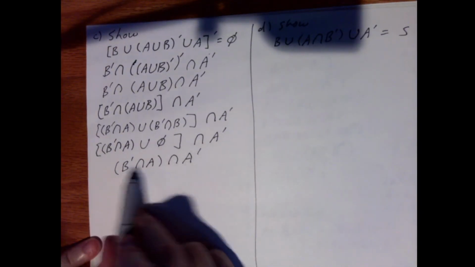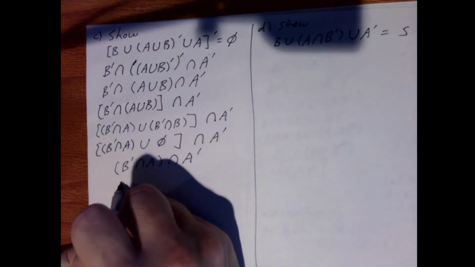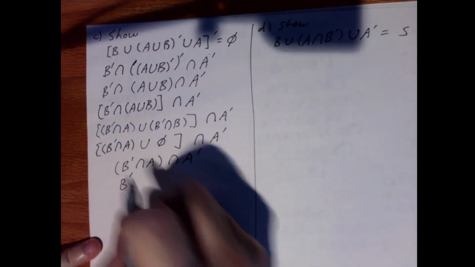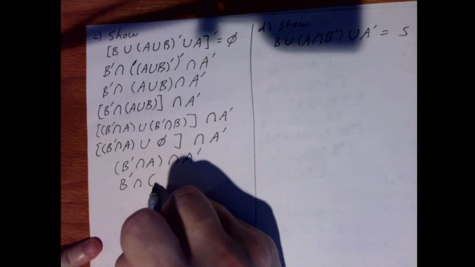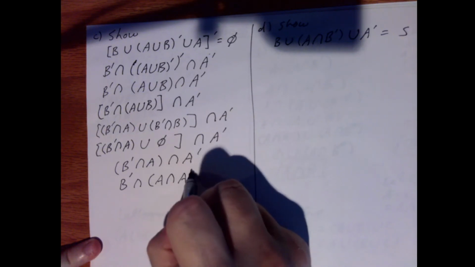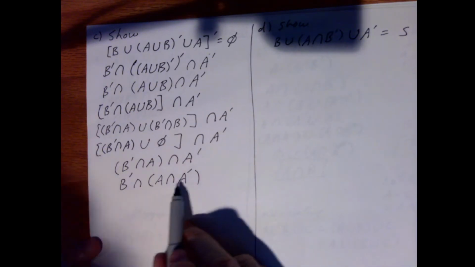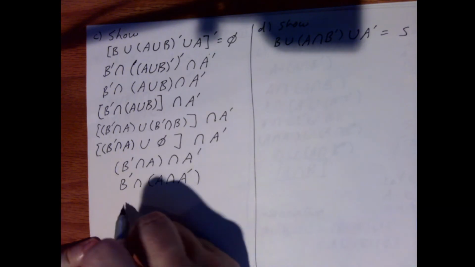So now instead of the intersection of this intersected with this, I'm going to shift the intersection and have the complement of B intersected with A intersection with the complement of A. The intersection of A with its complement is the empty set.